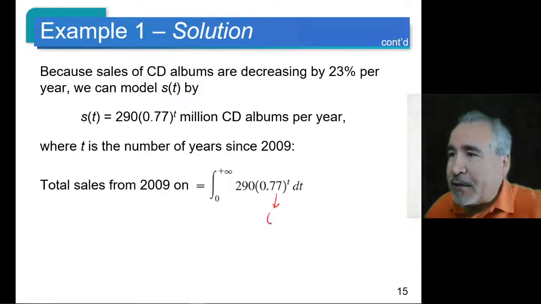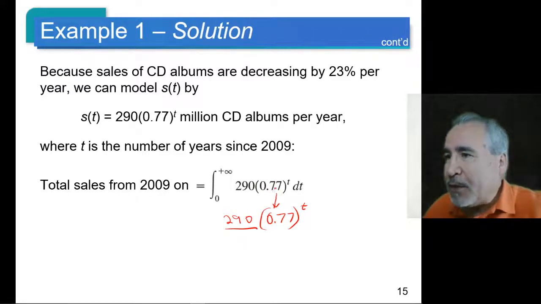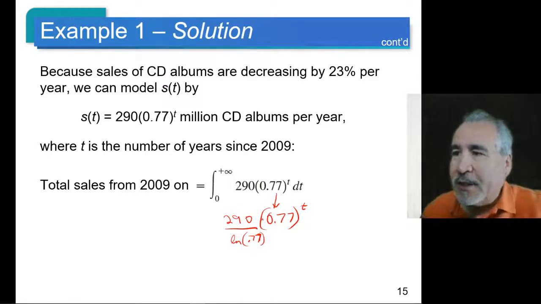Remember, e to the t integrates into itself. Constant multiplier comes up front. But with this base, we get the natural log of 0.77. We didn't do a lot of those.